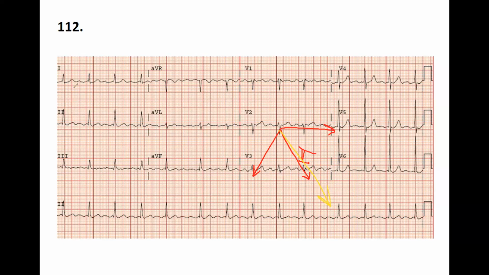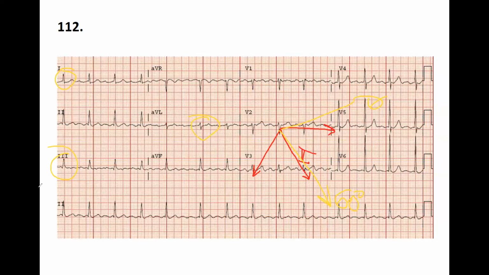Okay. Compare lead number 1 to lead number 3. I would say about the same. So that means 60. But if you go for AVL, it's isoelectric, which means perpendicular. So because that's 0, it means the axis is 60 degrees.